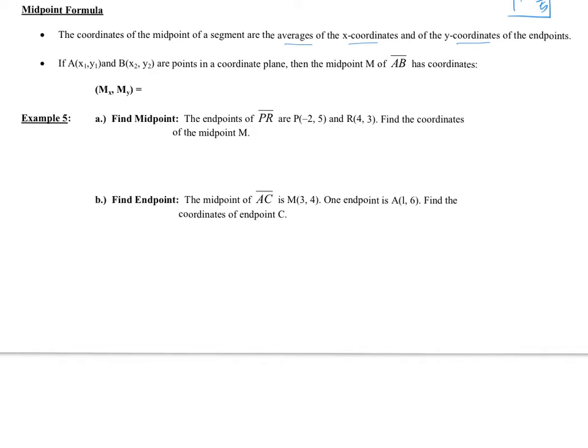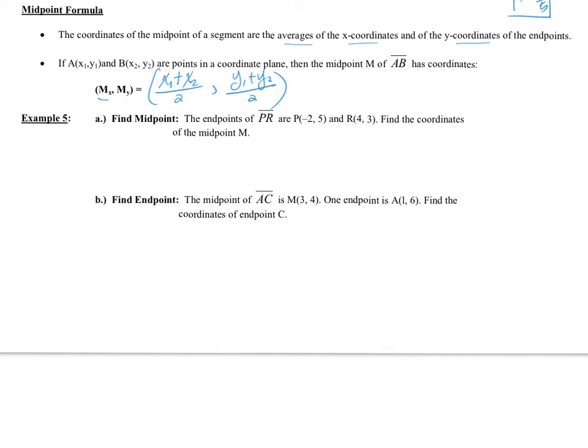And to calculate mx, remember we want to take the average of the x coordinates. So that would be x1 plus x2 divided by 2, and then y1 plus y2 divided by 2. And we put parentheses around them.